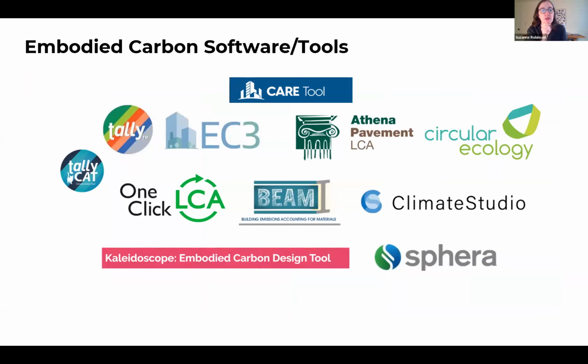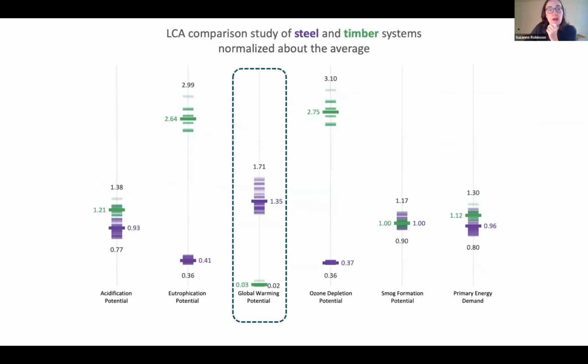I'll go over a few of these in my second portion of this. But I think it's useful to keep an eye on, test out and look at all of these. Personally, we're using Tally, and also exploring One Click as the two more whole building LCA analysis tools.